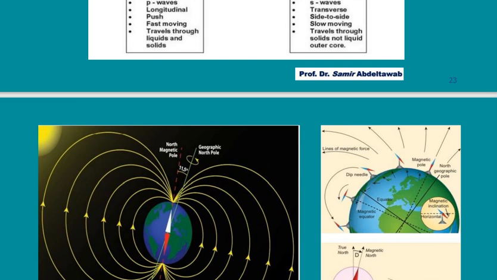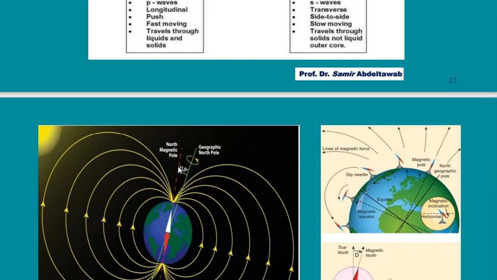So first we have something called the declination angle, and this is fixed everywhere on Earth. If you measure the north in any place, it will be shifted by an angle. This angle is 11.5 degrees, the variation between the true north and the magnetic north.